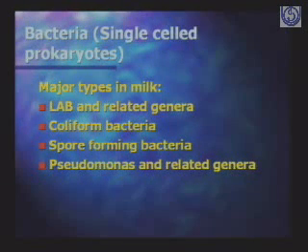These are single-celled prokaryotes. The major types which are found in milk are: first, the lactic acid bacteria, which are also known as LAB and related genera; second, coliform bacteria; third, the spore-forming bacteria; and lastly, Pseudomonas and related genera. So now we will take one of them stepwise.